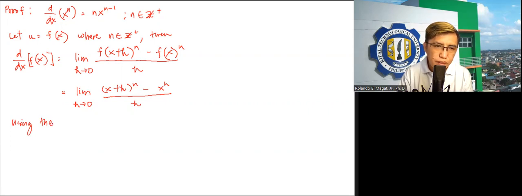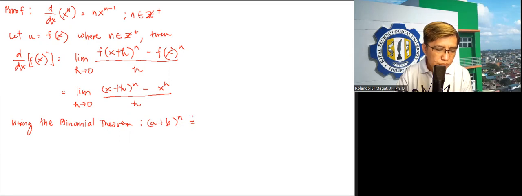Binomial theorem. I hope that you have studied this one in your number theory class. So, recall tayo ng binomial theorem. We have a plus b raised to the nth power.